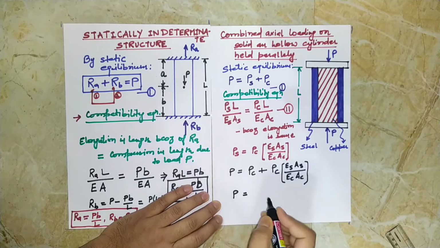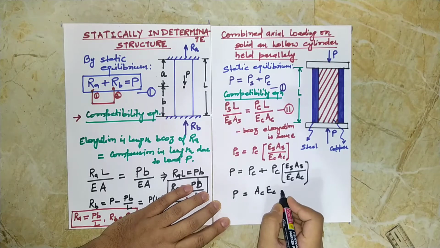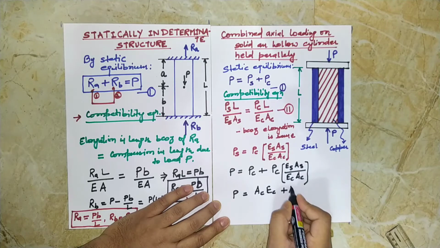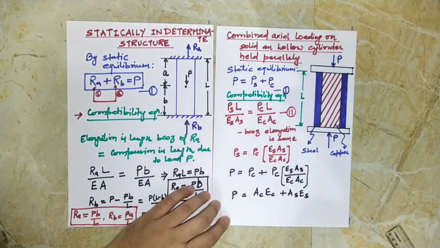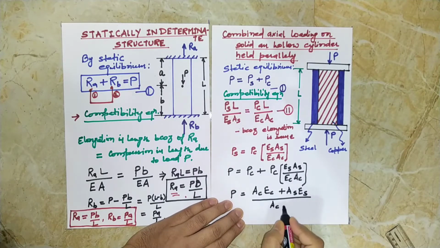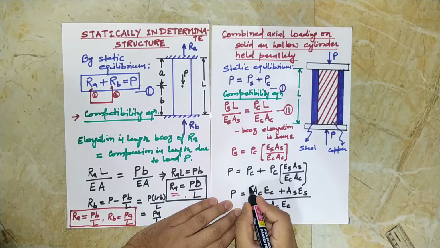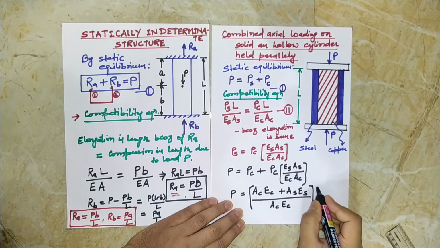Or P also can be written as AC EC plus AS ES, by AC EC, into PC.